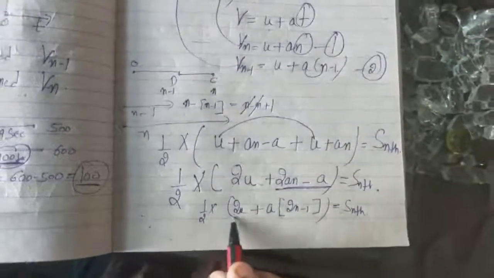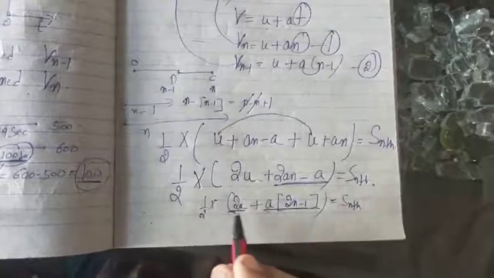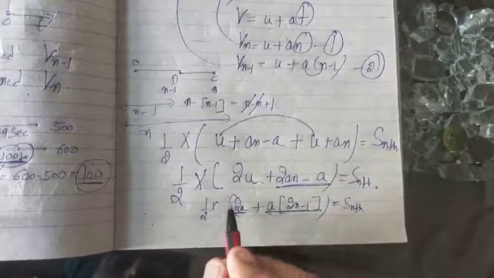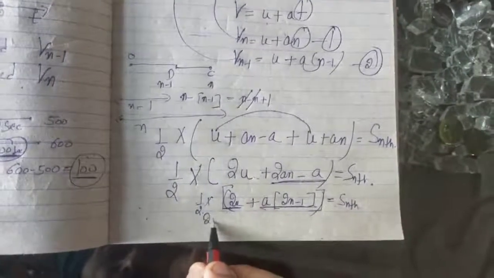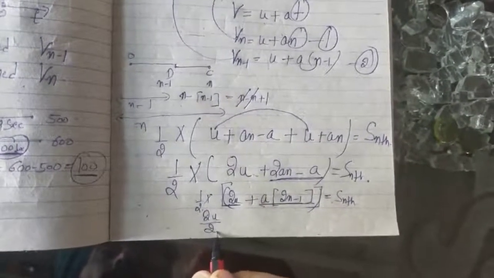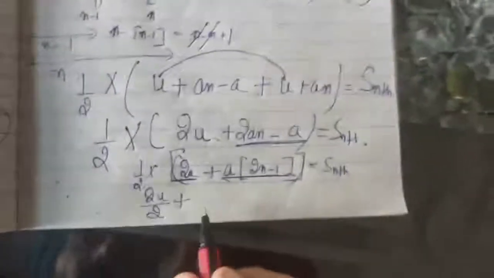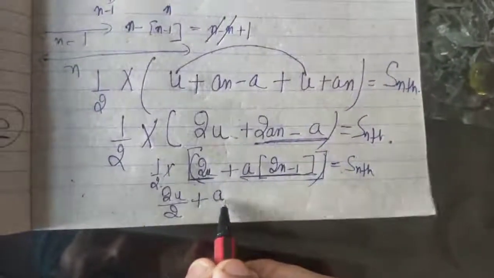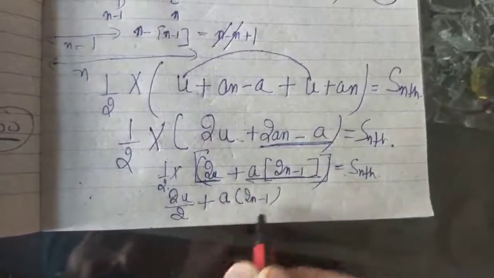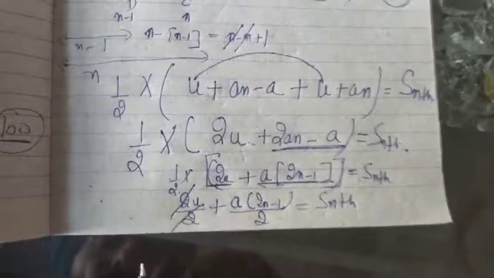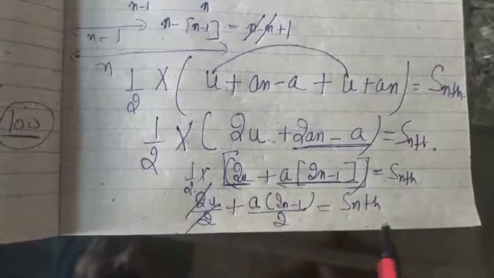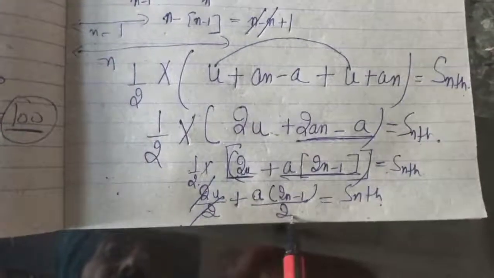Divide this by 2, because the 1 by 2 is outside the bracket. So 2u by 2 plus a into (2n minus 1) upon 2 is equal to Snth. This 2 by 2 will get cancelled. So Snth is u plus a by 2 into (2n minus 1).